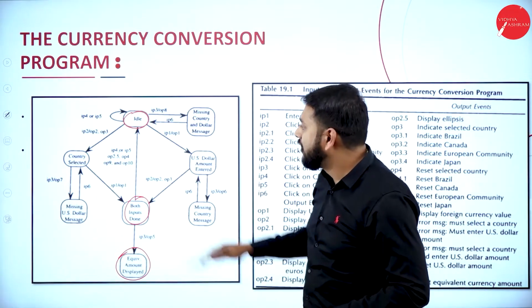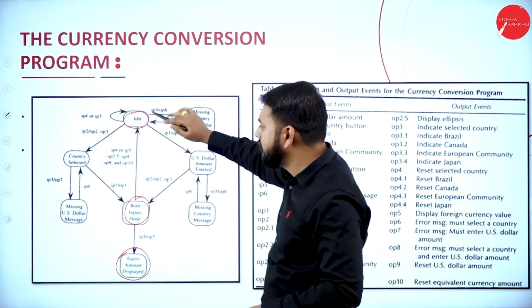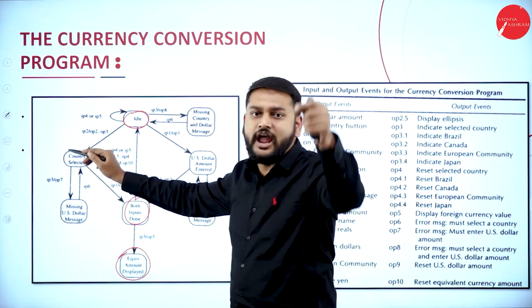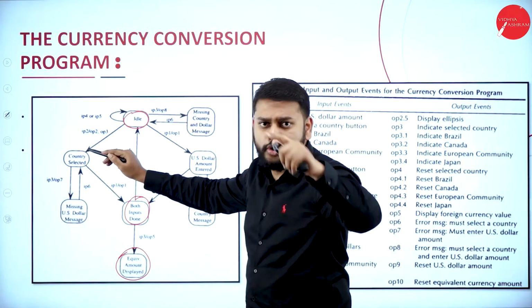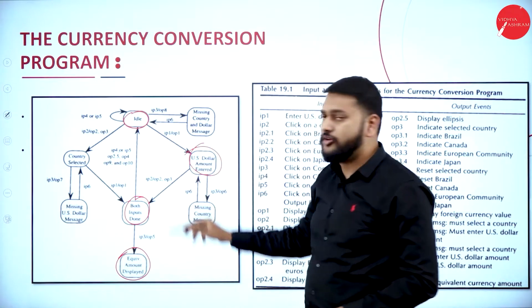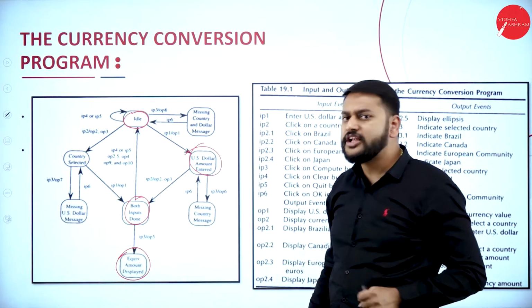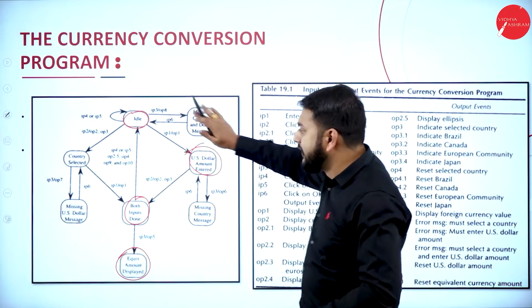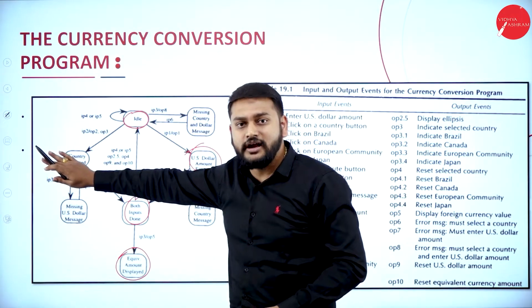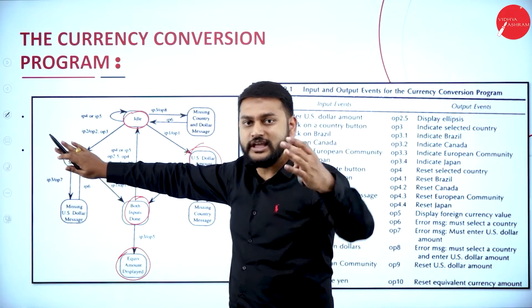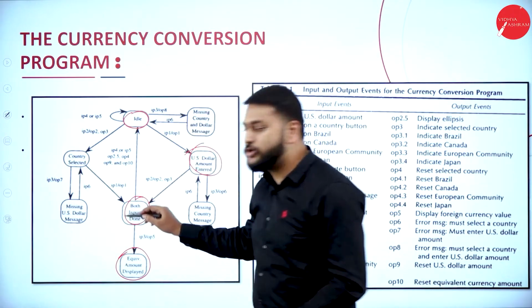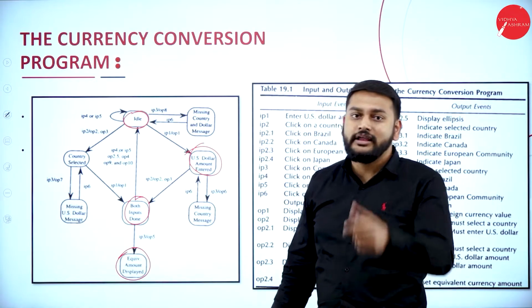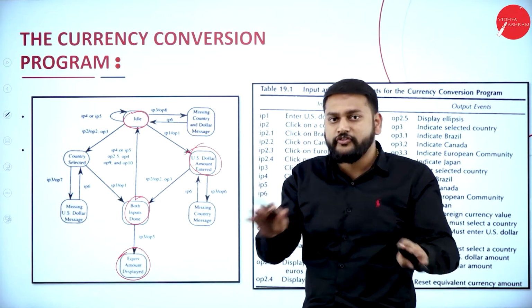It's in the idle state now. The first thing I have to do is select the country. Is it? No, before that, I will be entering the amount. That's the first thing you need to remember. So fine, I have entered the amount in US dollars. Then after that, I will select the country. I have different countries, and I will select one. If both the inputs are done, then I will calculate the equivalent amount. So this is the general overview of the system.